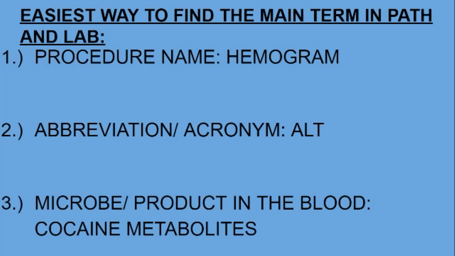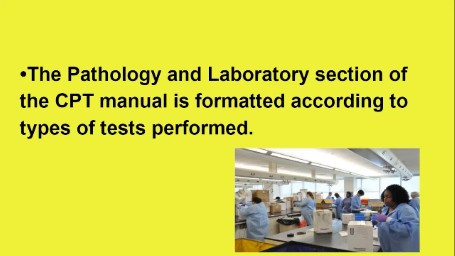The easiest way to find the main term in Path and Lab is the procedure name. For example, a hemogram, an abbreviation or an acronym, ALT, or the microbe product in the blood, cocaine metabolites. So those are the easiest ways to find the main term in Path and Lab.